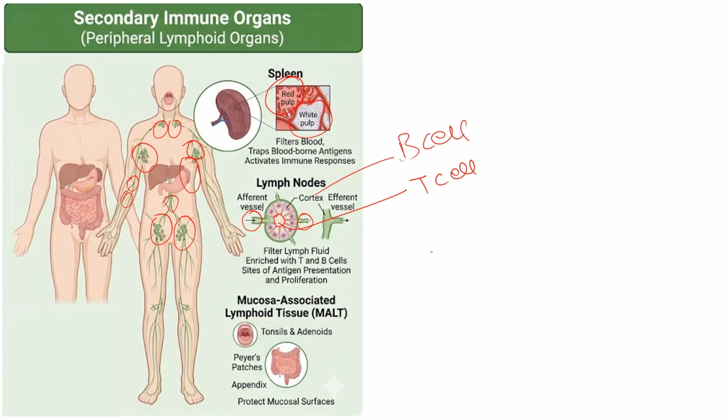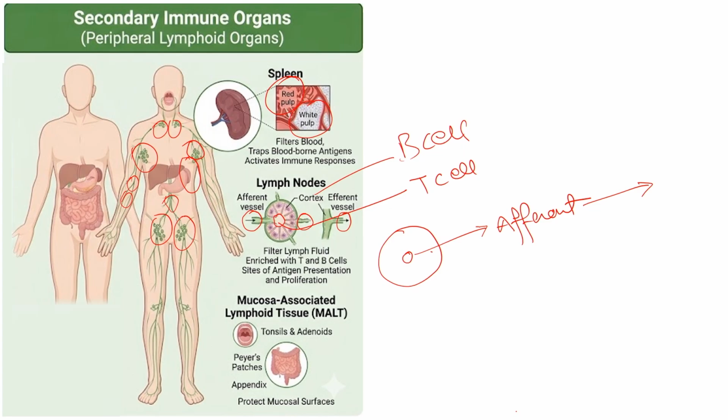So suppose there is an antigen presenting cell which has already engulfed an antigen. It comes through the afferent vessels, and after processing through the B cell and T cell populations inside the lymph node, they go out as educators. Once they educate the B cell and T cell, the educated B and T cells come out through the efferent vessels. So we will see it in a little more detail later on.